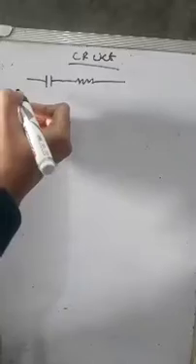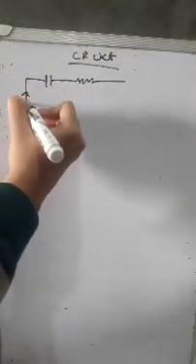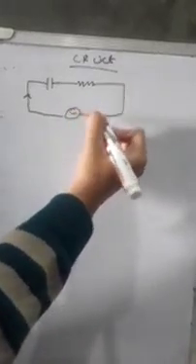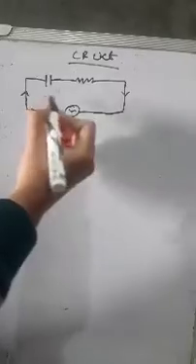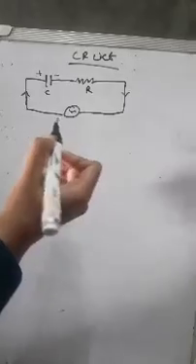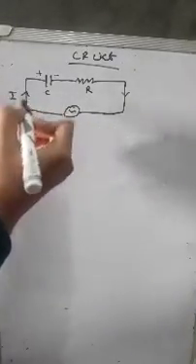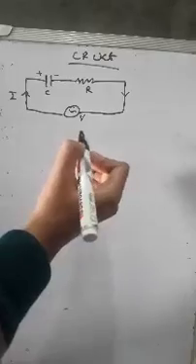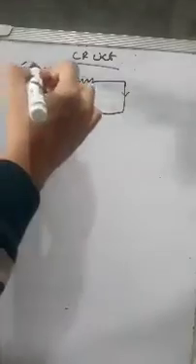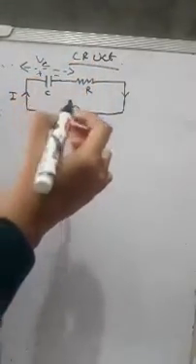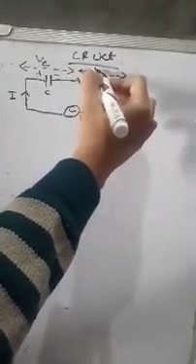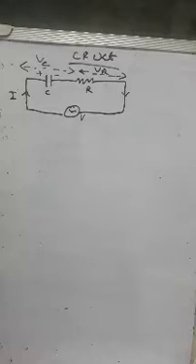This is your R part. This is the current flowing. This is the alternating voltage. This is the direction of the current, and this is the voltage drop due to the capacitor, which I am marking as VC, and this is the resistive drop due to the presence of the resistance, marked as VR. Understood the circuit diagram? It's very clear.